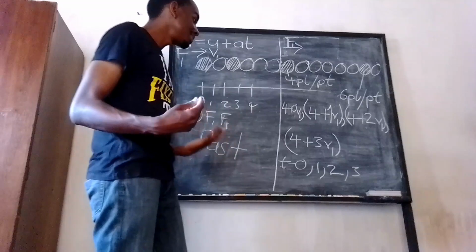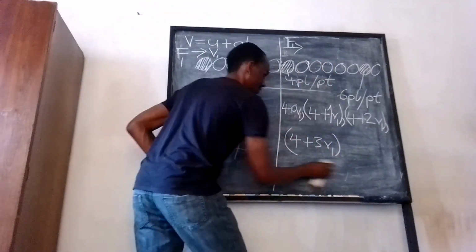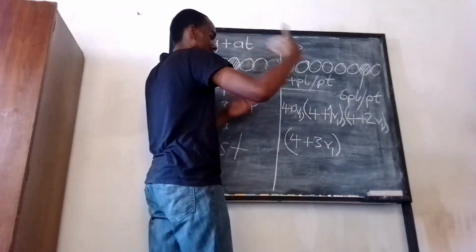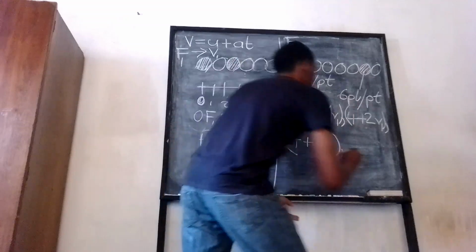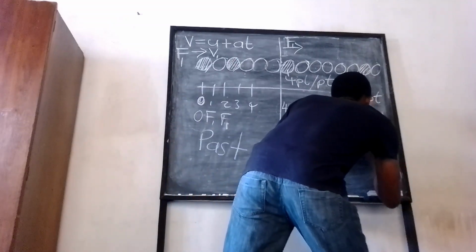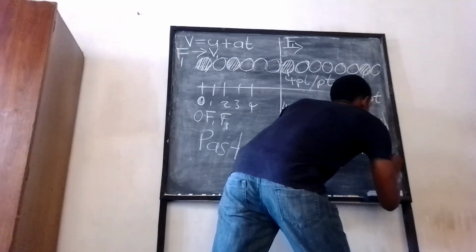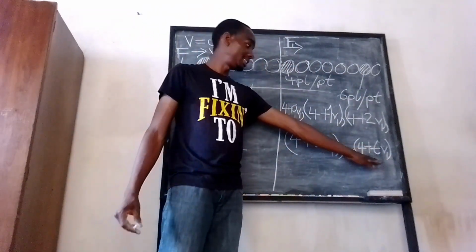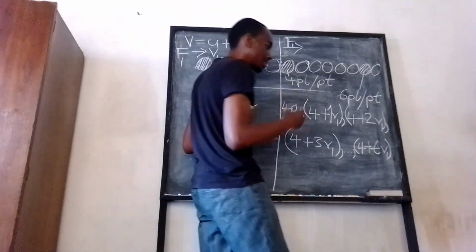So what we can simply do is write this for the velocity at a time t. The velocity at time t will then be 4 plus tV1. But remember, V1 is simply the acceleration.